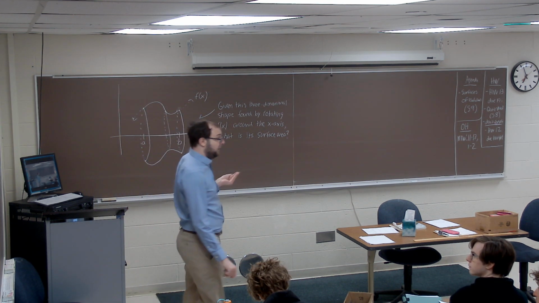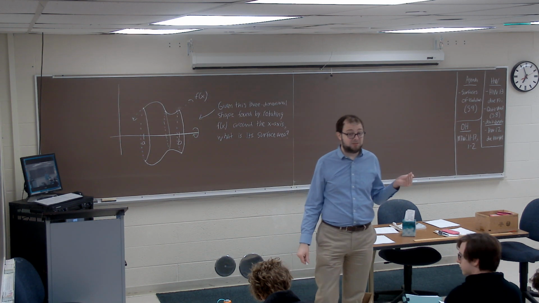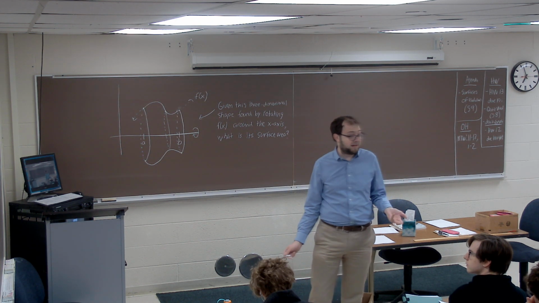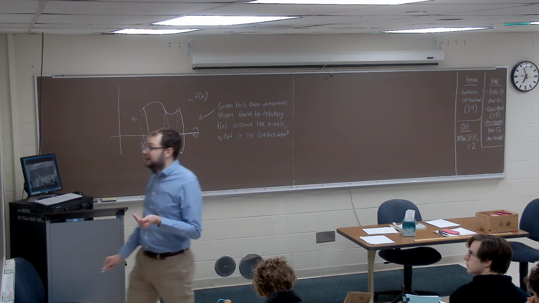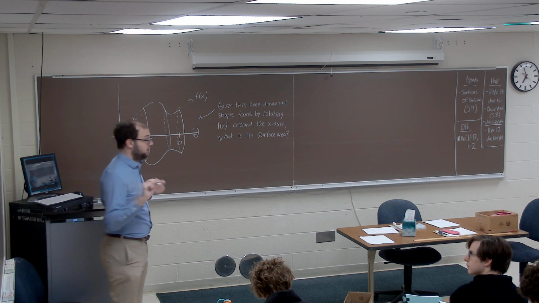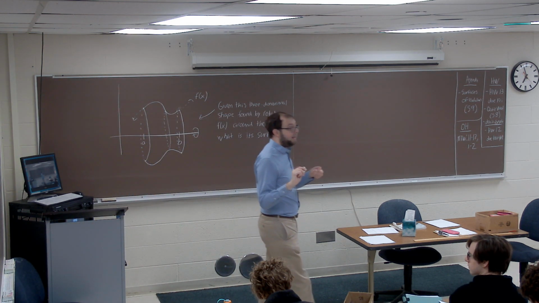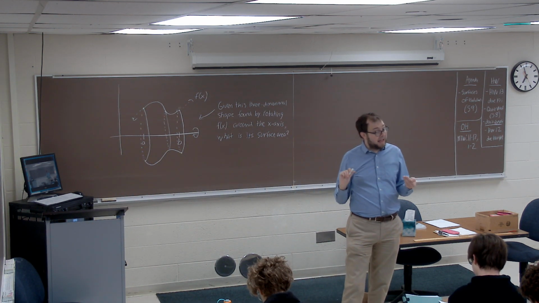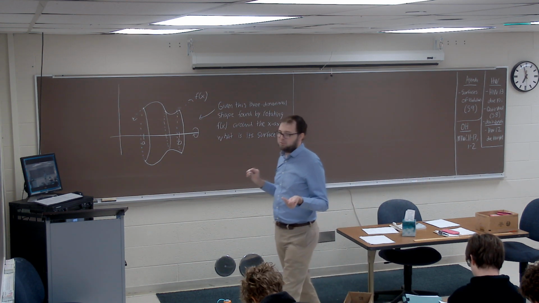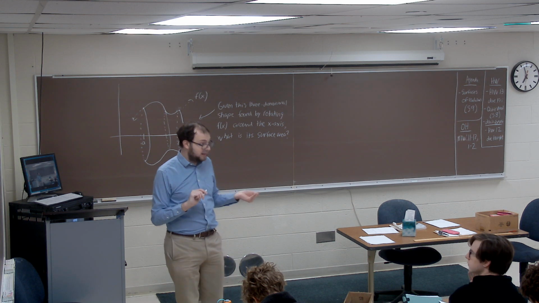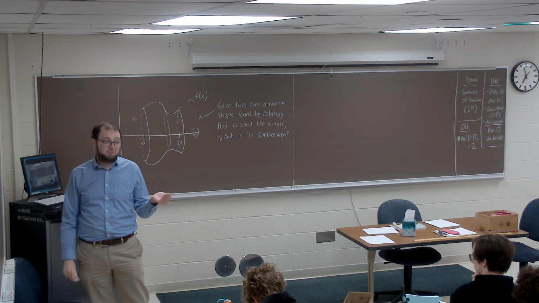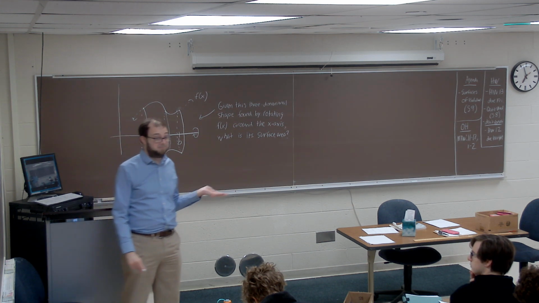Finding areas of weird abstract shapes is hard, but we know how to find the area of a rectangle. That's just base times height. So our idea was to split up the region into a bunch of little rectangles and add up the area of the rectangles. And then as the number of rectangles goes to infinity, this gives you the same thing the fundamental theorem of calculus would give.